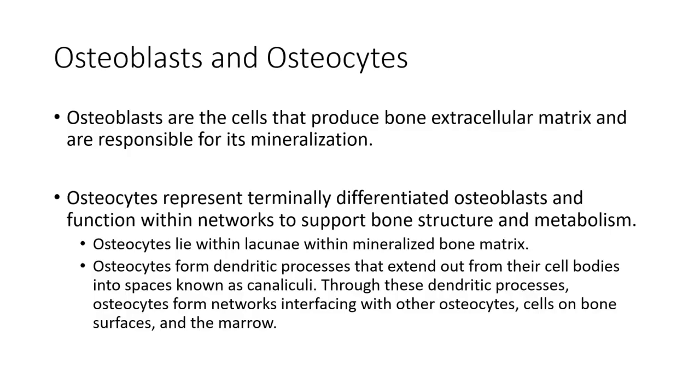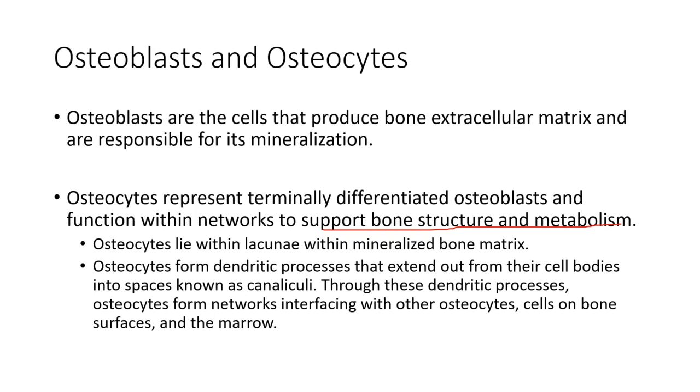Now, osteoblasts and osteocytes are the cells that produce the extracellular matrix and are responsible for its mineralization. Osteocytes represent terminally differentiated osteoblasts and function within networks to support bone structure and metabolism. So it's almost analogous to what we saw in the cartilage.